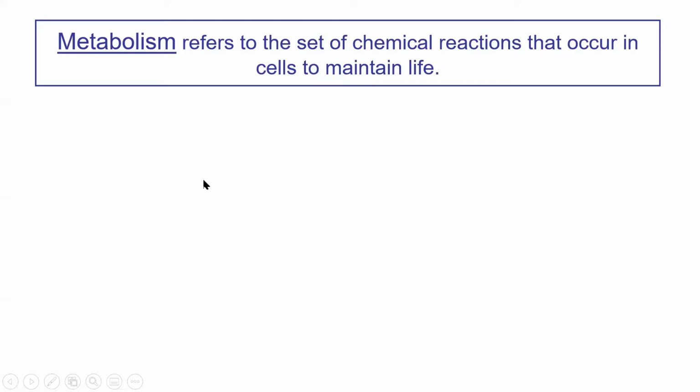So some definitions for you. One definition is metabolism. I know we throw that word around a lot. People talking about trying to lose weight, and they're talking about maybe boosting their metabolism or something like that. But metabolism really just means the set of chemical reactions in your body or in a cell or something like that.